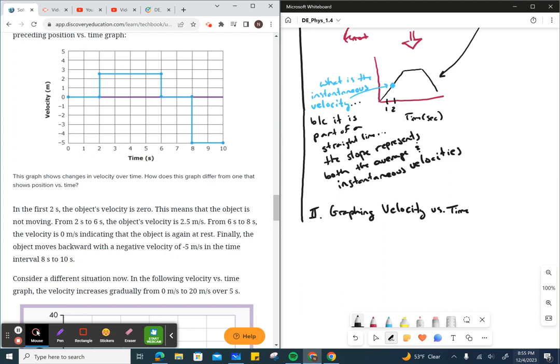This means the object is not moving. From 2 to 6, it's got a velocity of 2.5 meters per second. And then from 6 to 8, the velocity is 0. And that's at rest. And then the object is moving backwards with a negative velocity of negative 5 meters per second.